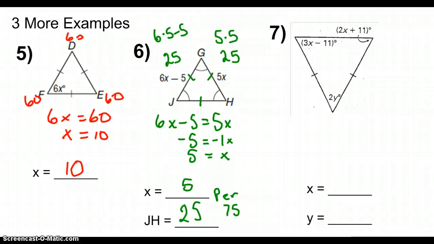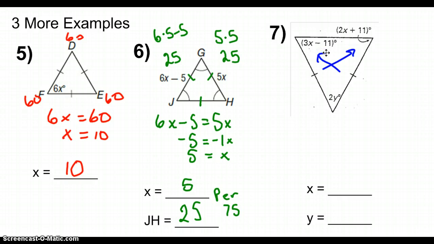Our third example asks us to find the values of x and y. Now, based off the markings on our triangle, we see that we have two congruent sides, and so using the isosceles triangle theorem, if the sides are congruent, that means the angles across from them also must be congruent.